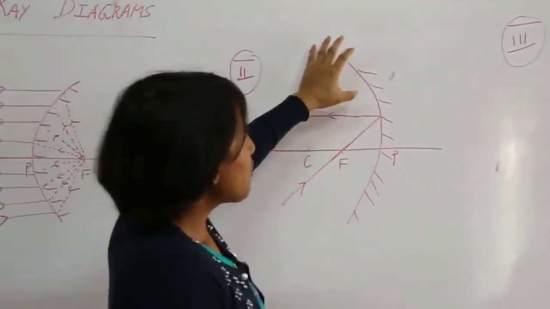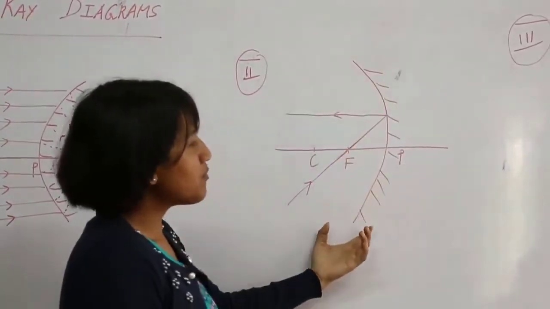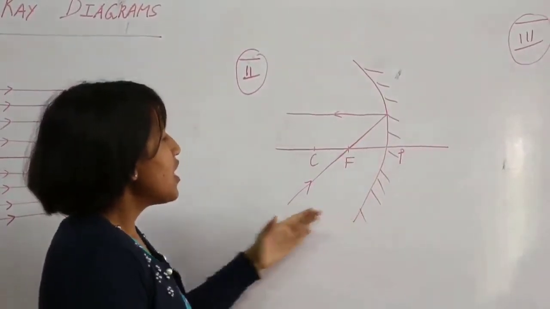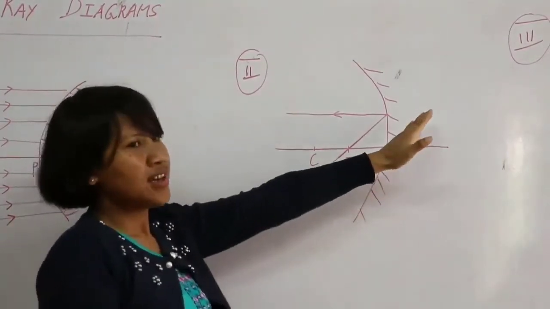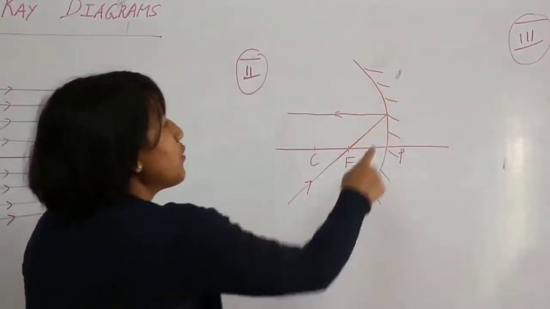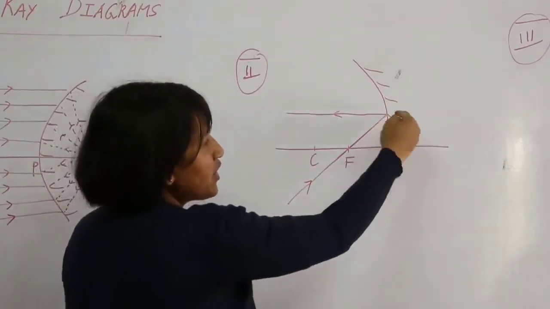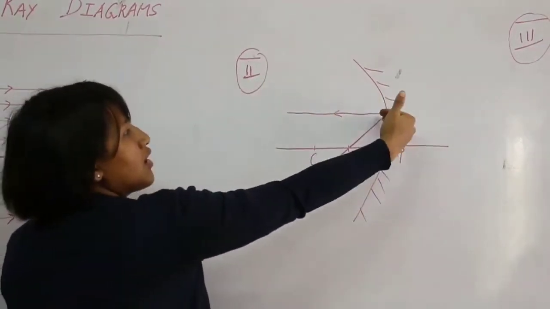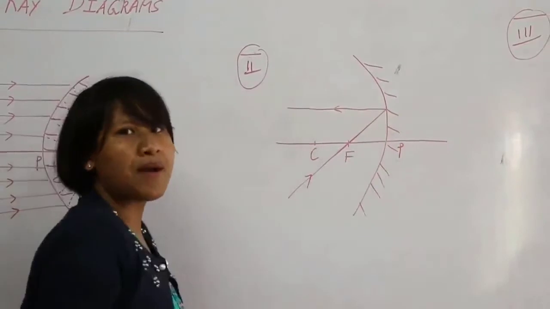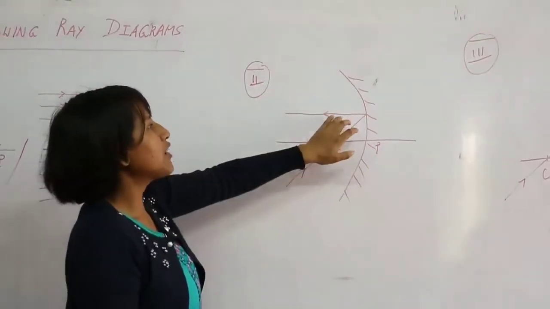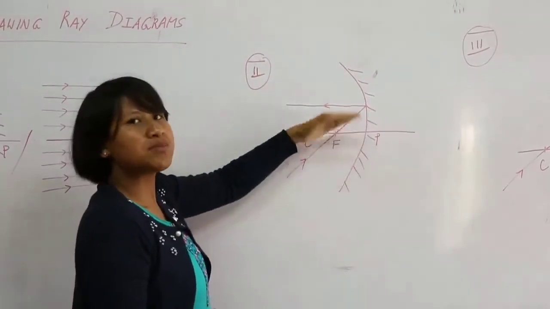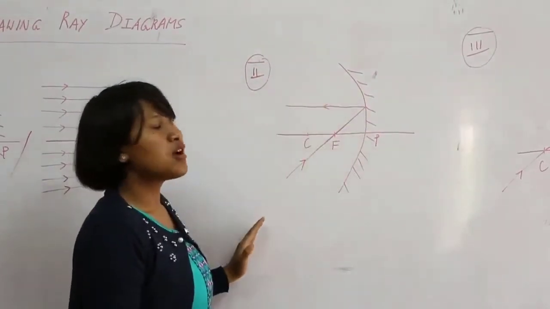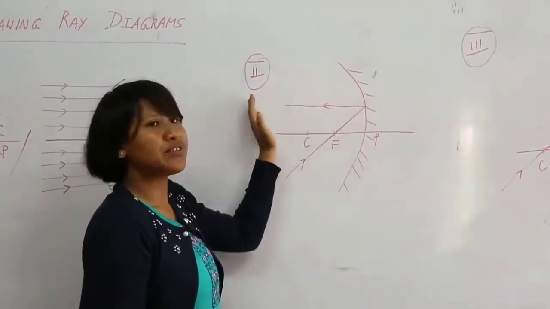Now, the next rule is for a concave mirror; I've taken only the concave mirror. When a ray of light passes through the focus and strikes this mirror, after reflection it will come out as a parallel ray of light. So the reflected ray will be parallel to the principal axis.